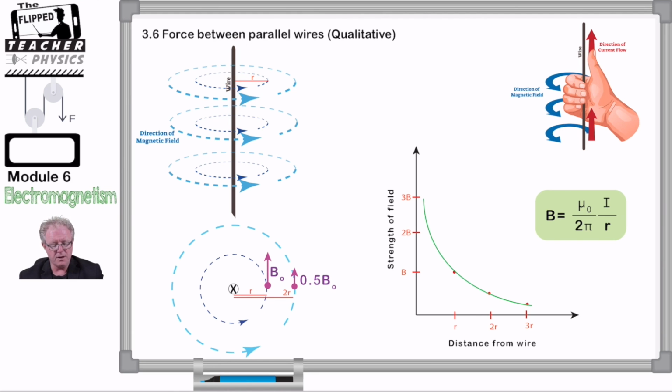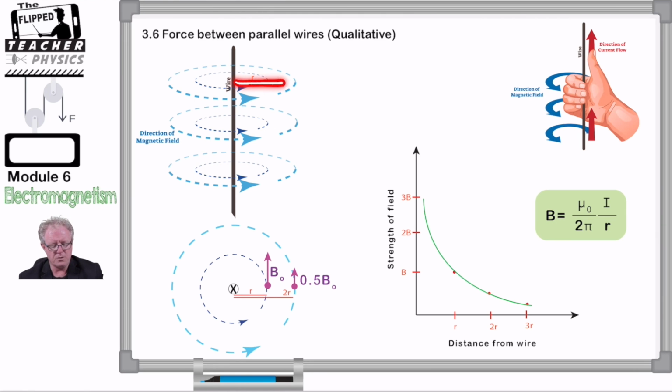Now if I look at this, I can draw a line from the wire to the first region. Remember, this is actually just a potential field. Remember back in year 11 we talked about equipotential lines. They are the lines within a field that have the same potential. Here is our first potential line, and if we were to measure the magnetic strength at that point, we would have a certain value.